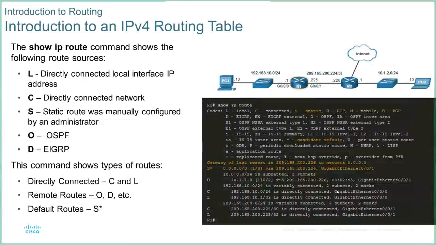We have a code here that tells us what all these letters on the side represent, and so they're available. So the S is a static route, the O, if we look it up, will be an OSPF route, the L is a local route.